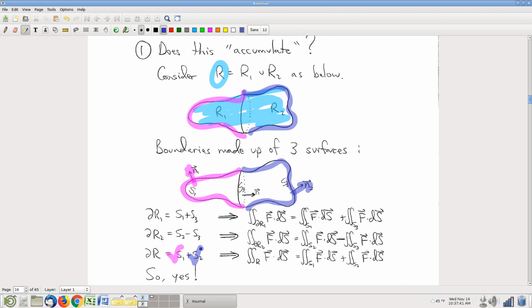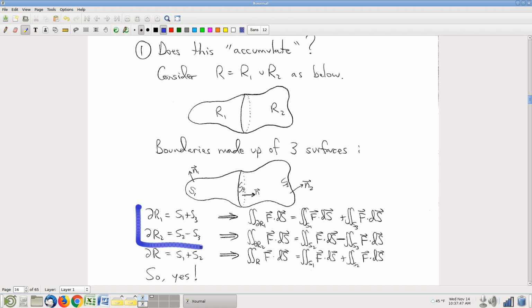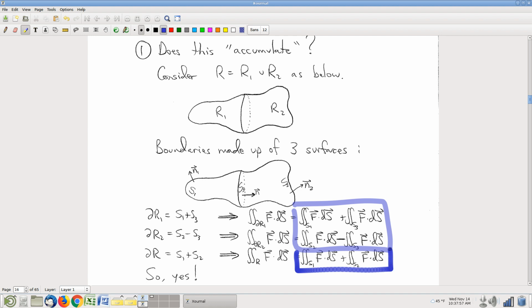Okay, so now just add them up. Do these accumulate the way they're supposed to? Is this plus this equal to this? And we make that decision by looking at the corresponding integrals. Is this plus that equal to this? And the answer is yes, because these cancel because of the minus sign.